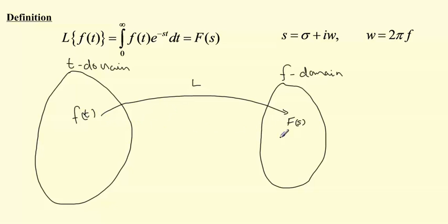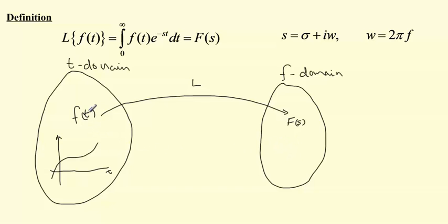If we are doing this Laplace transform, you must be aware that in the time domain, we normally look at functions of time and see how their amplitude changes with time. In the frequency domain, the situation is different.